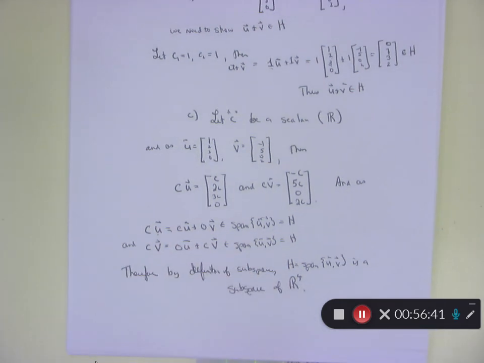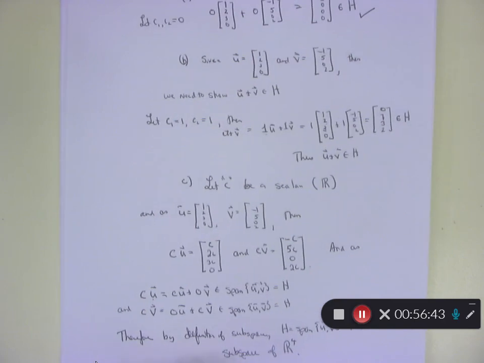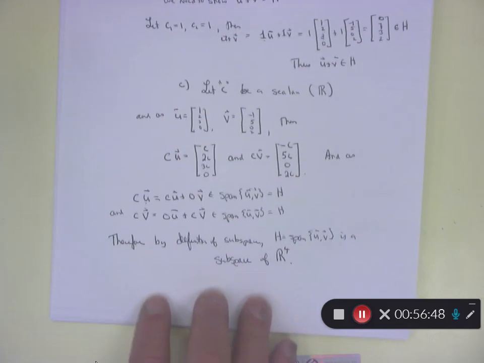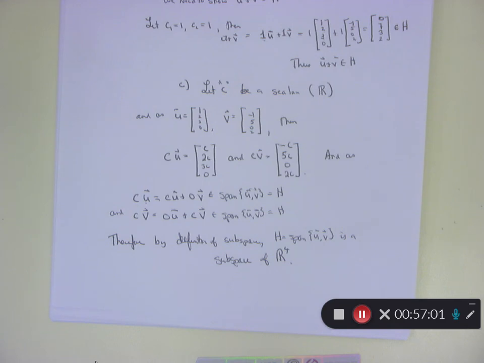So, tell me what we just proved. All this beautiful work here, what did we just prove? Well, if I have a set of vectors, and I just used 2 because it was easy, but I could have used 3, 4, 27, 105 vectors or whatever. I showed that the span of those 2 vectors creates a subspace of whatever set they come from. These were vectors in R4, but I can extend this.